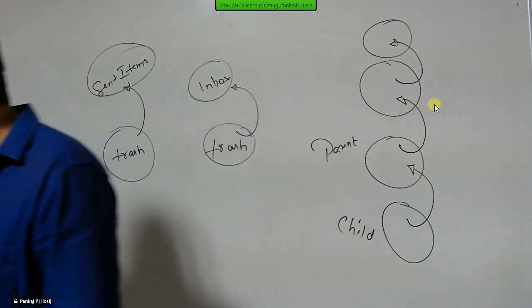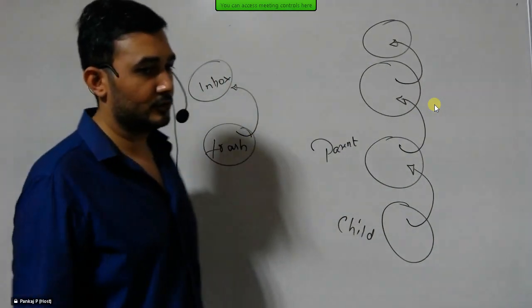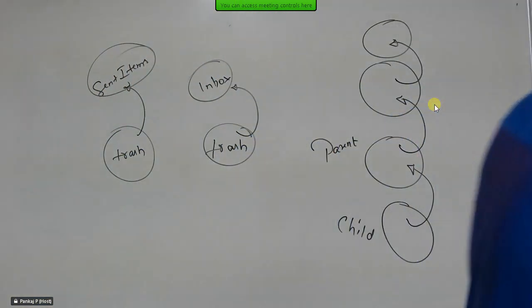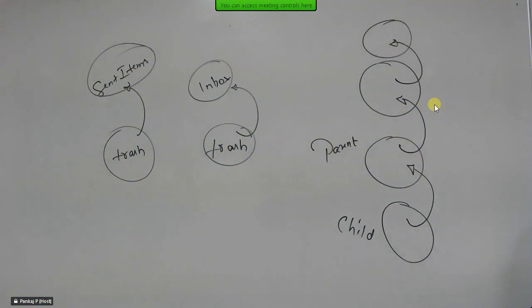So write this down quickly. Bottom up approach: testing the data flow from child module to parent module is called bottom up approach.